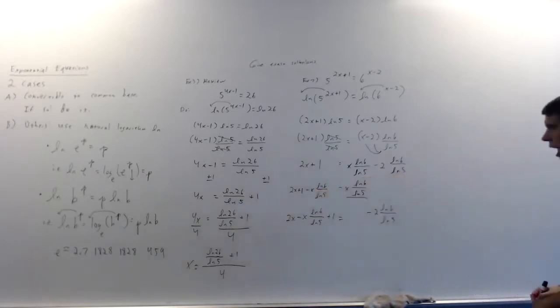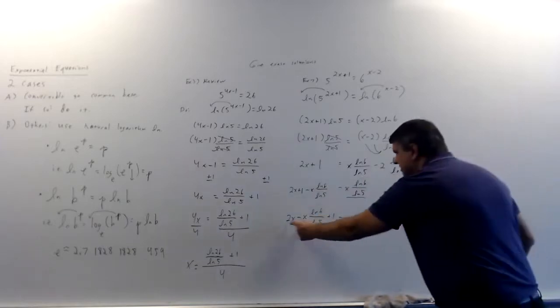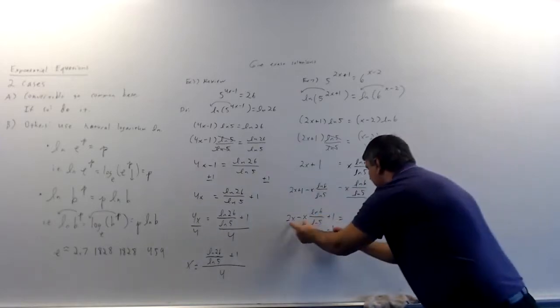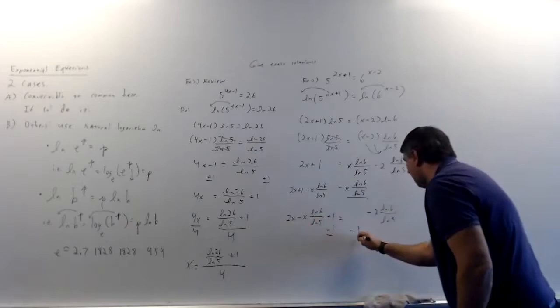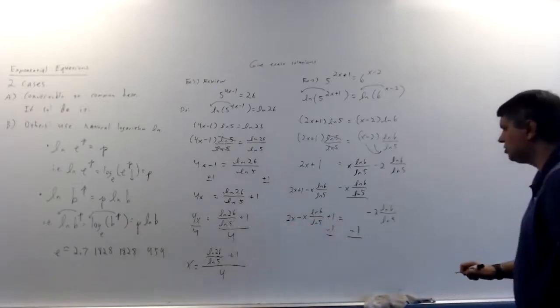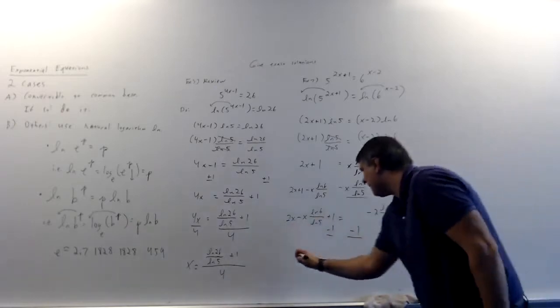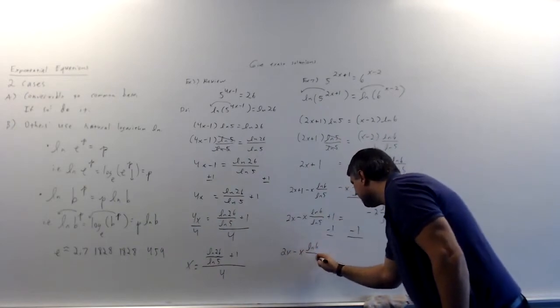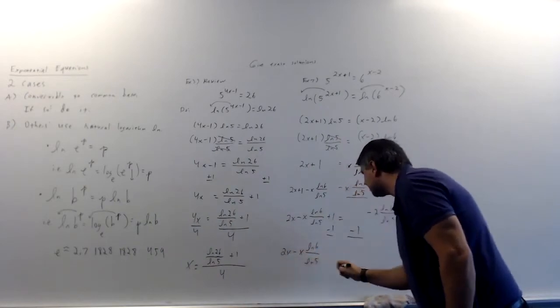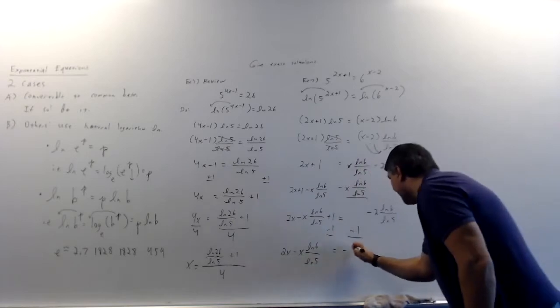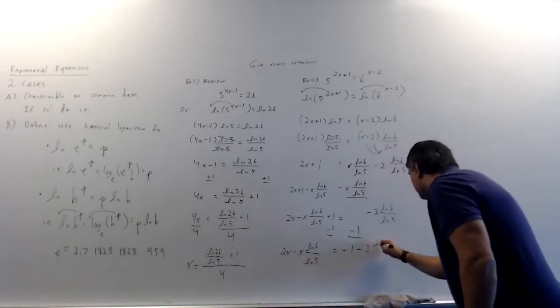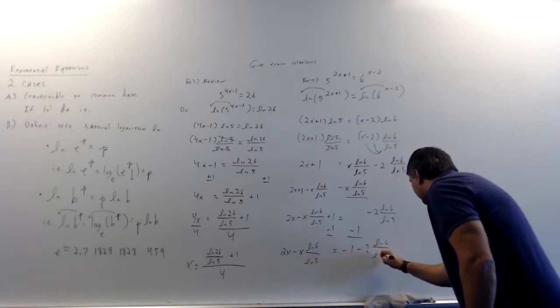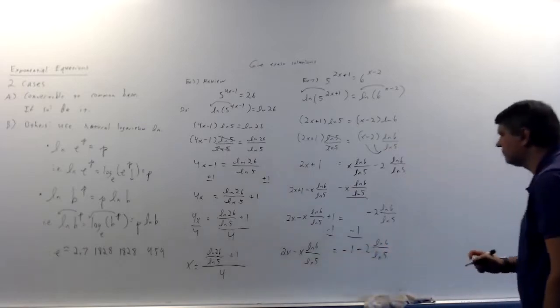Okay? I now want to isolate the x's, so I will subtract the 1. I'll go ahead and put it in the front as well. So now what I have is 2x minus x natural log of 6 over natural log of 5, equals negative 1 minus 2 natural log of 6 over the natural log of 5.